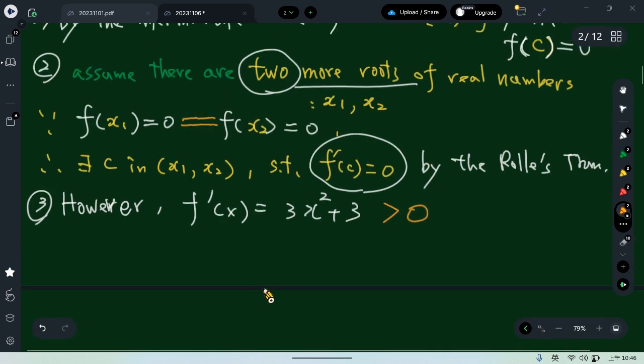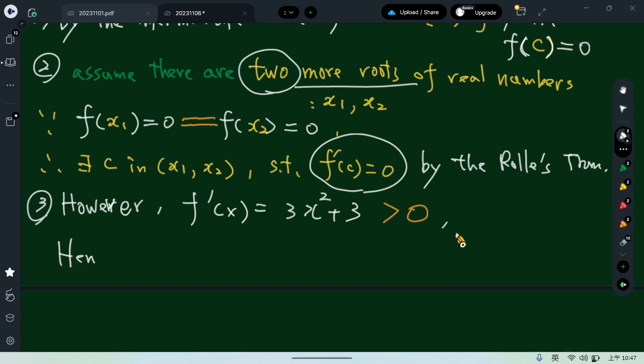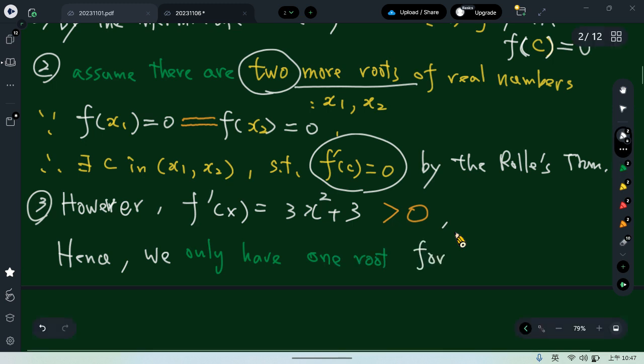So that means no point can make the derivative value 0, because all of them should be positive. So there is a conflict, right? Hence, we only have one root for f of x equal to 0, right?